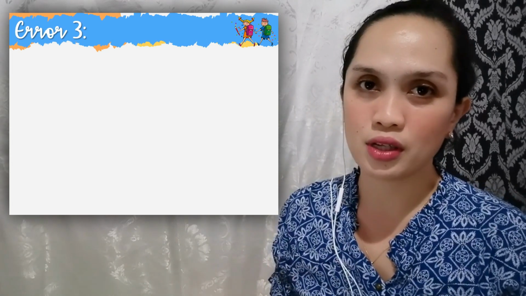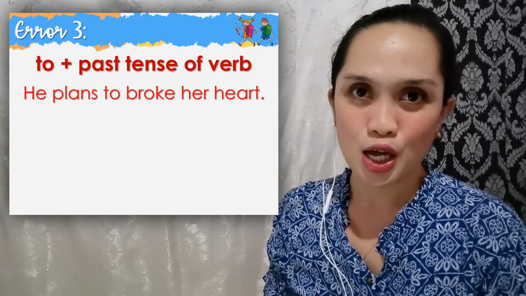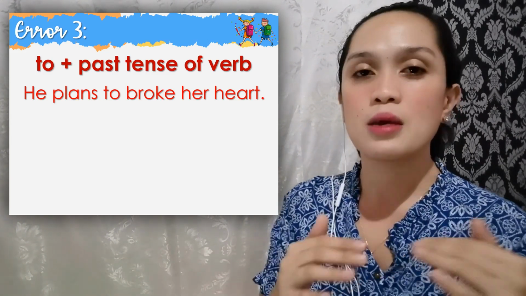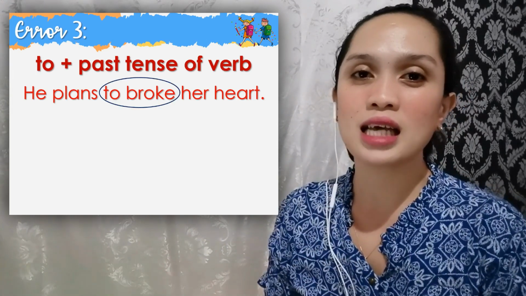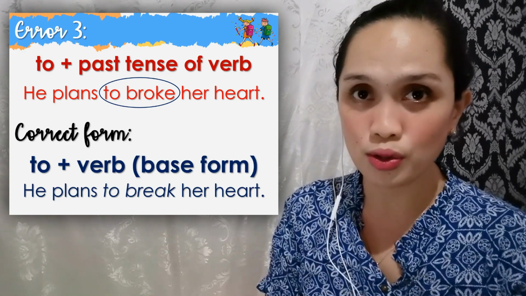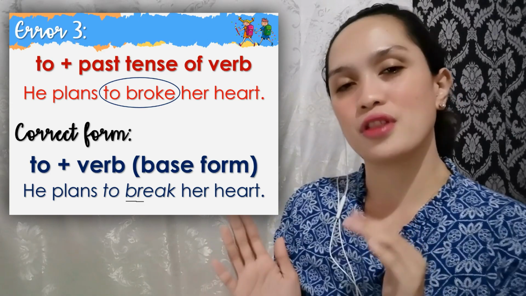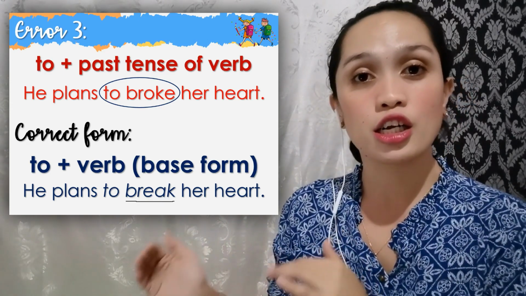So for example, he plans to broke her heart. The correct way of saying that is supposed to be, he plans to break her heart, because an infinitive is formed using the word to plus the base form of the verb.